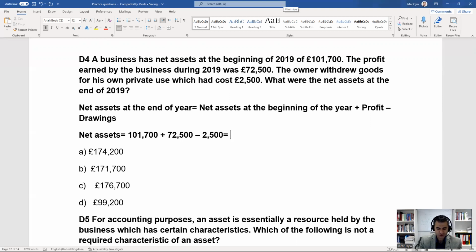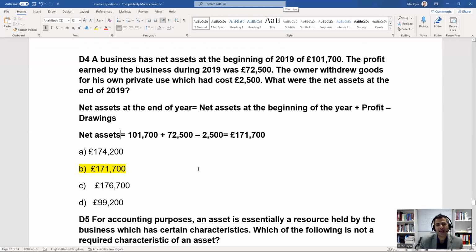Okay, and that gives you 171,700. So the answer is B. 171,700, and that's the net assets at the end of the financial year.